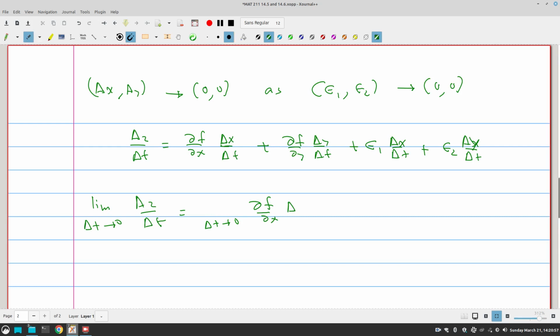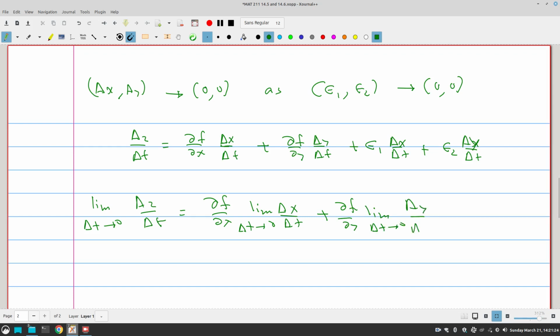Okay, in fact, we can write the limits on the right hand side as df over dx times the limit as delta t goes to 0 of delta x over delta t, plus df over dy times the limit as delta t goes to 0 of delta y over delta t, plus epsilon 1 delta x, plus epsilon 2 delta y.